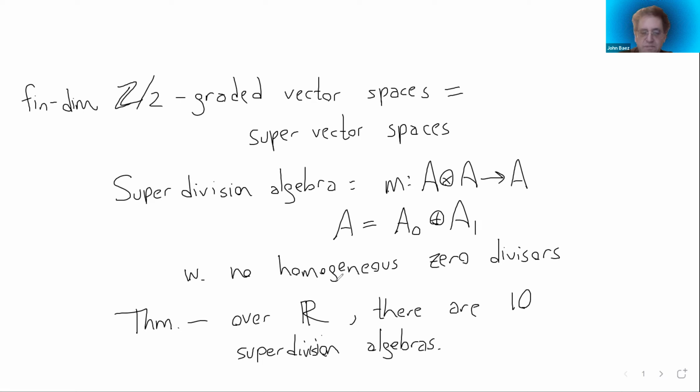And since quantum physicists love irreducible representations of groups or of Z mod 2 graded groups these days, you are naturally led into thinking about superdivision algebras just from studying irreducible representations, which are like fundamental ways that the group can act.